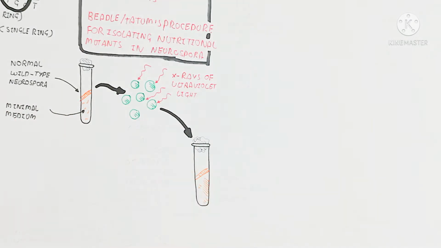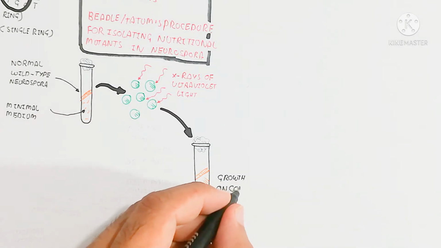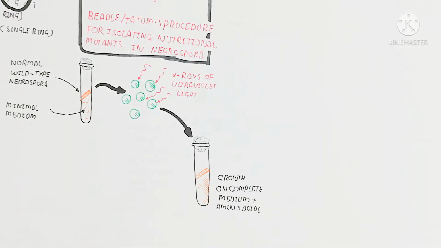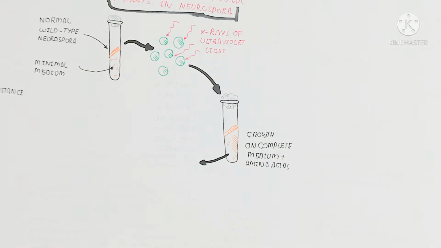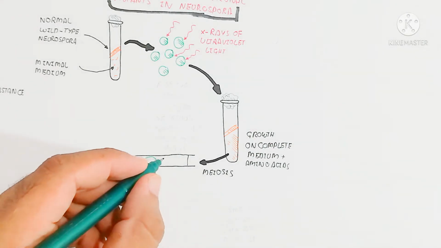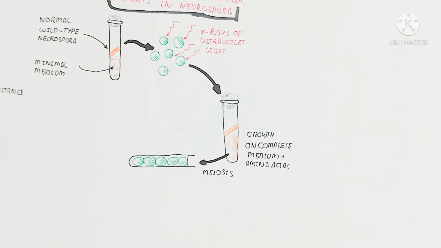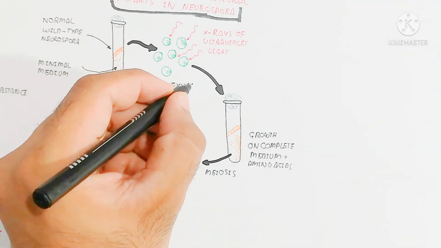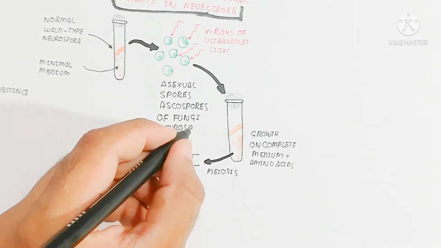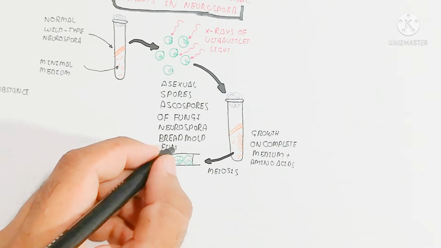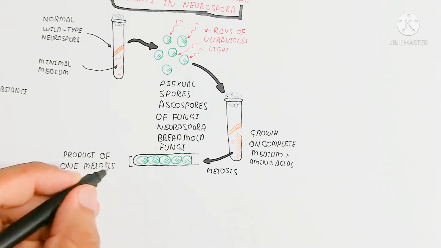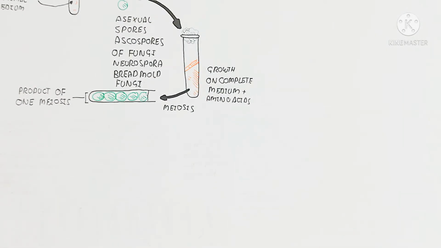After the mutation, the asexual spores or ascospores of the fungus, Neurospora bread mold, are produced and grown on complete medium containing amino acids, which provides for meiosis. Then, from the product of one meiosis in the Neurospora, we select one of the spores and confirm that the complete medium is able to grow even the mutated Neurospora.